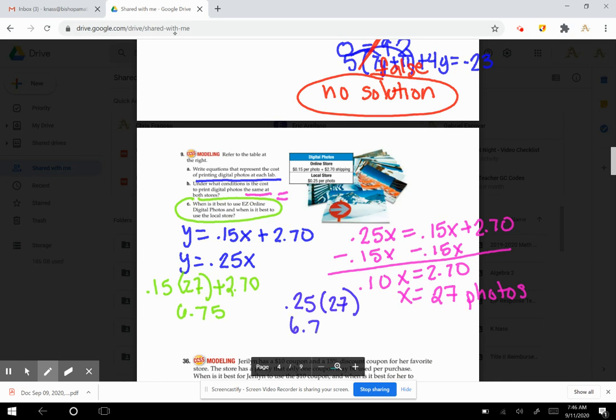Okay, so why is that? Well, it's because we set them equal to each other. So here's the thing you have to realize: it's cheaper to do online when x is greater than 27. Okay, if x is less than 27, it's not as cheap.